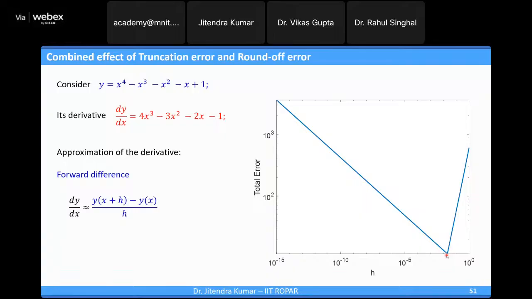After some h, if you reduce your h further, the error started increasing. And this is not particular to this case, this is the message I'm trying to give.